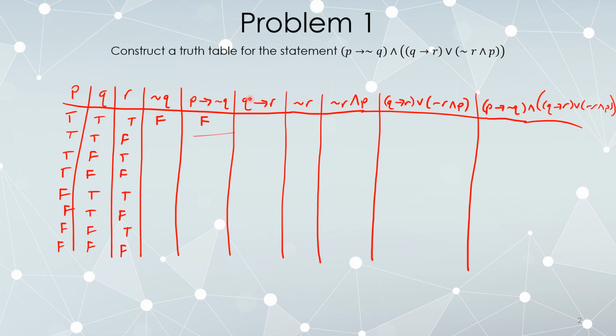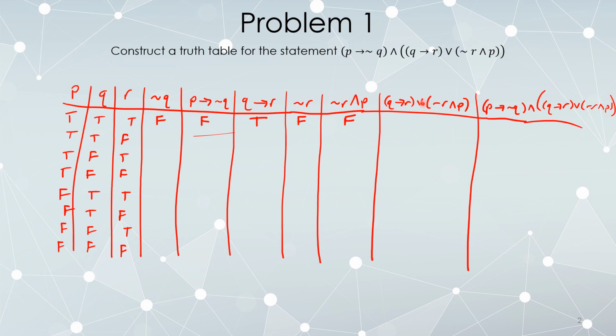Since we have Q, the hypothesis, true, we have R, the conclusion, true, that makes a true conditional statement. R was true, so not R is false. Since not R is false, here we have this side of the AND statement being false, so we don't even have to check the other one. If either one of them is false, the AND is false.